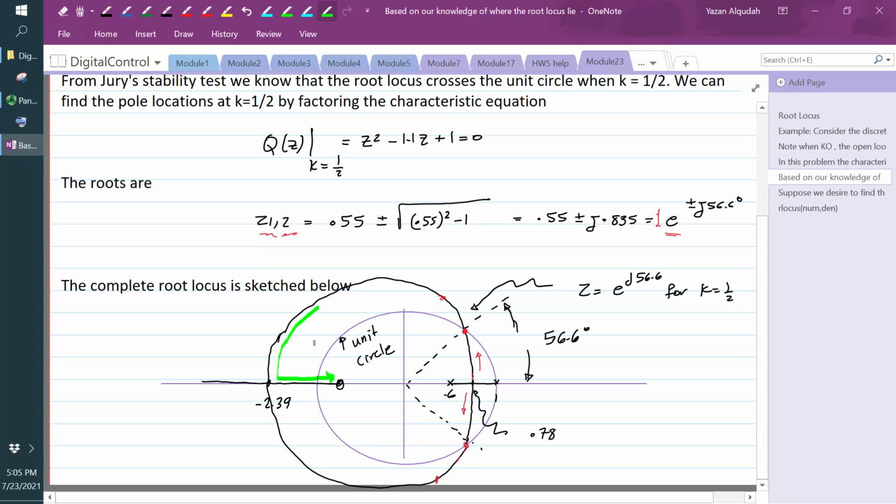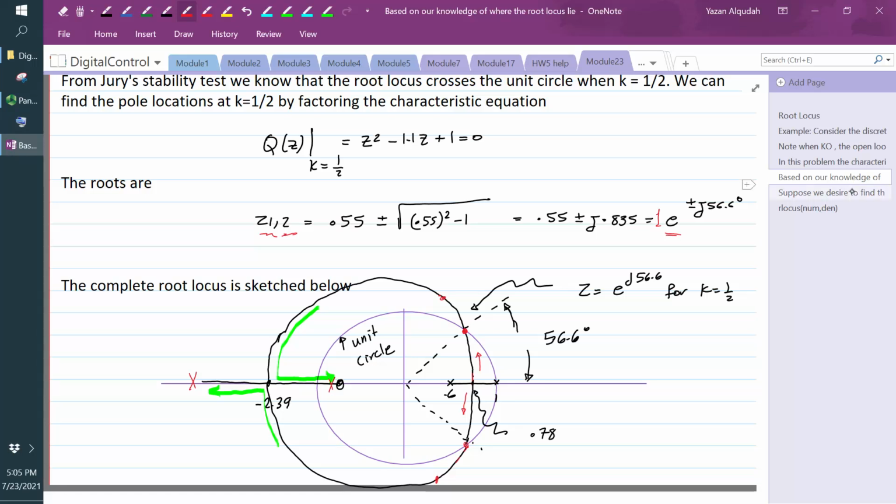But the fact is that when these branches come here, one of them is going to go this way, the other one is going this way. So when I have a pole that is inside the unit circle here, for instance, I have another pole that is outside the unit circle. So therefore, it is still unstable. I have to have all the poles inside the unit circle for the system to be stable.